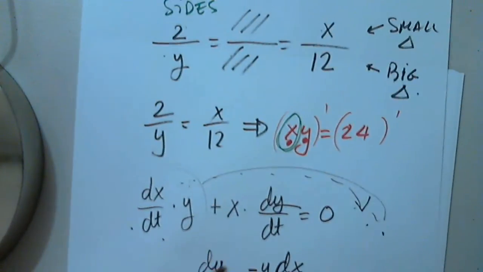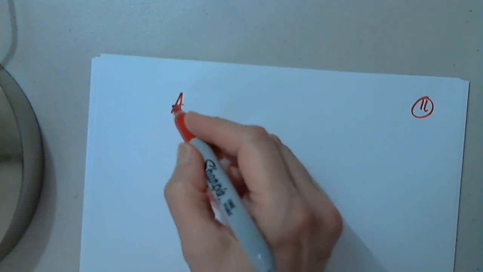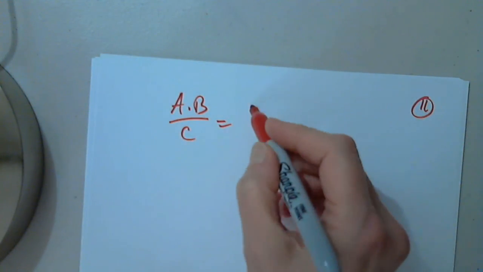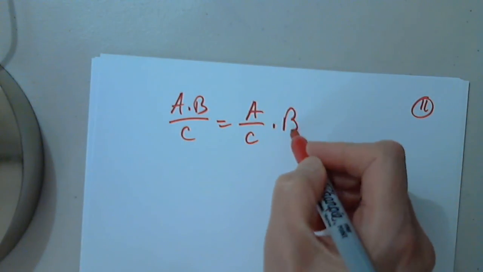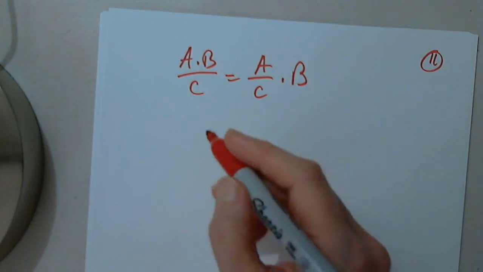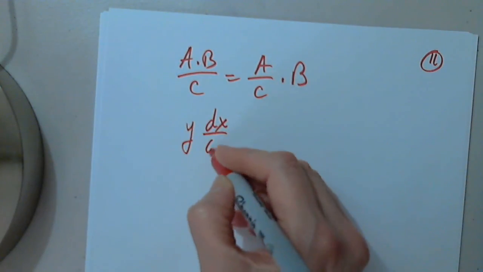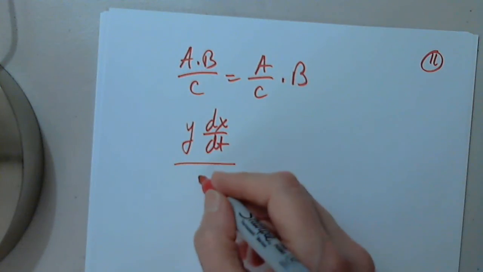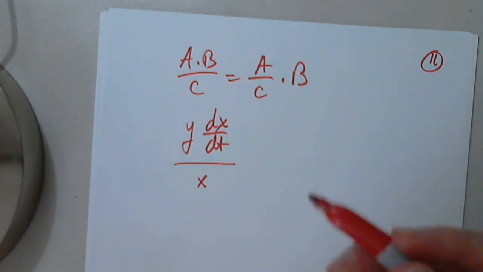So let me show you better here. If I have a times b over c, I can write it as a over c times b. So what we had was y dx over dt divided by x. It's the same thing.